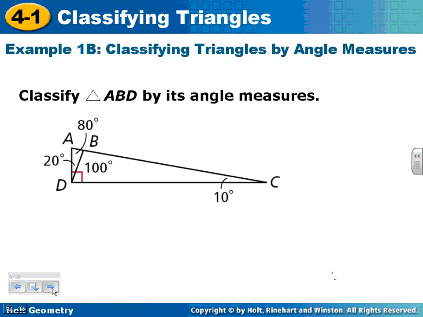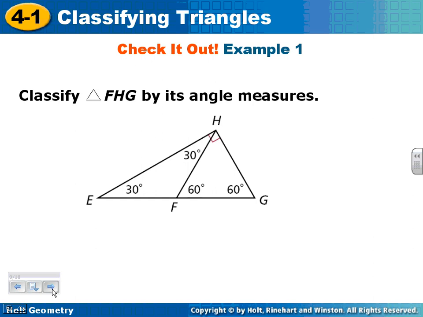Look at the next one. Now let's do A, B. Oops, that's the same one. This one's what I want. Triangle FHG. Let's draw that in there. F to H to G. Well, if that's 60 and that's 60, then this top one has to be 60.